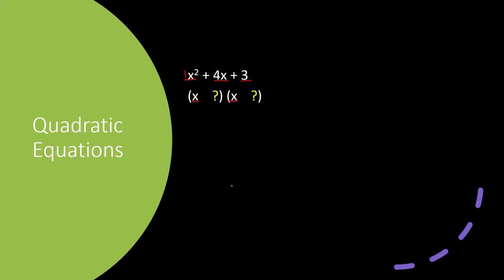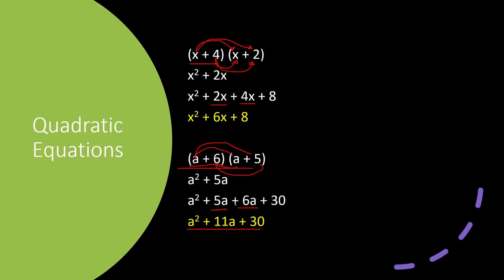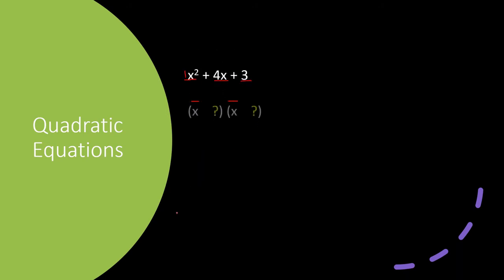Remember, my friends, we're going back now from this result back to the original problem, but with a different problem. So I'm going to find out what is the number that goes here and the number that goes here. The answer is going to be a little tricky. We need to do a lot of trial and error, my friends.